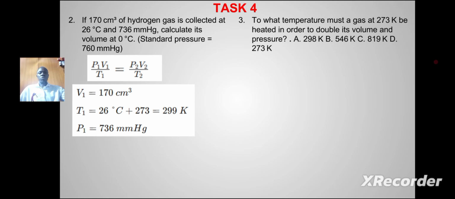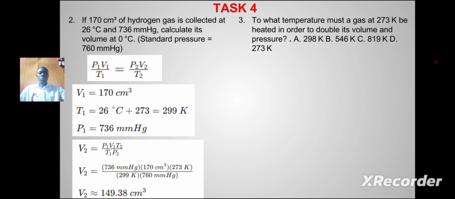The first temperature T₁ is in degrees Celsius, so we had to convert to Kelvin: 26 plus 273 gives 299 Kelvin. The first pressure P₁ is 736 mmHg.